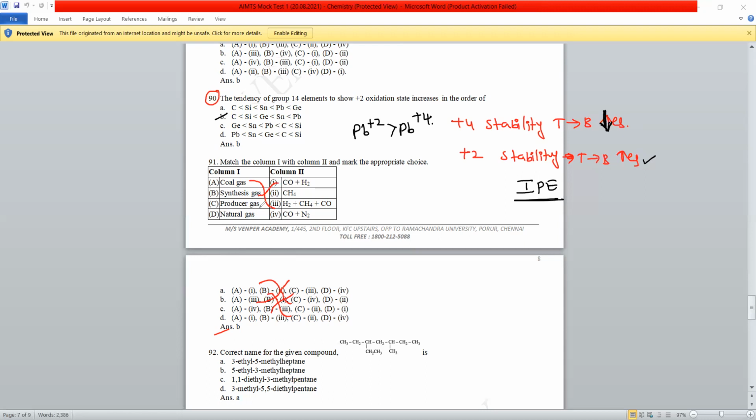Producer gas is the mixture of carbon monoxide and N2. Natural gas, everyone knows, is CH4. Very easy formulas they have asked here, students. For 91, B is the correct answer.